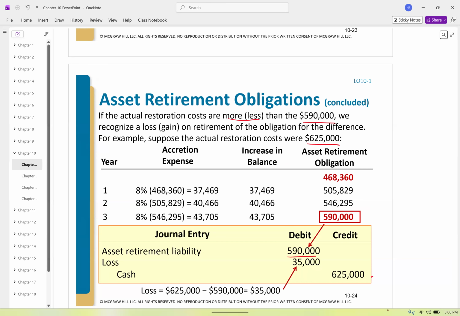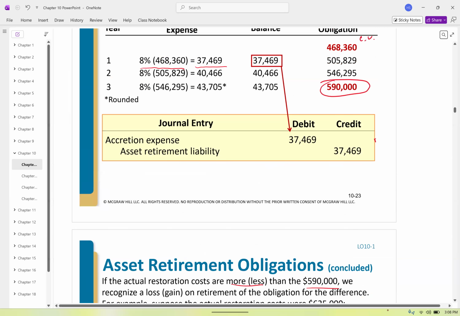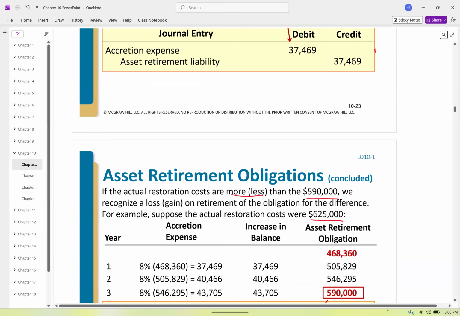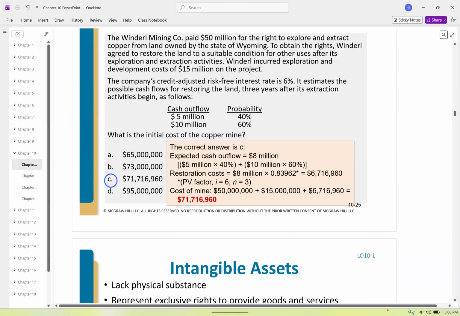We're going to credit 625,000 and then that $35,000 difference comes to loss. They probably call it loss on asset retirement liability. That loss will go straight to the income statement, whereas all these other ones gradually went to the income statement each year. So that's a little bit different than what we have done in the past.